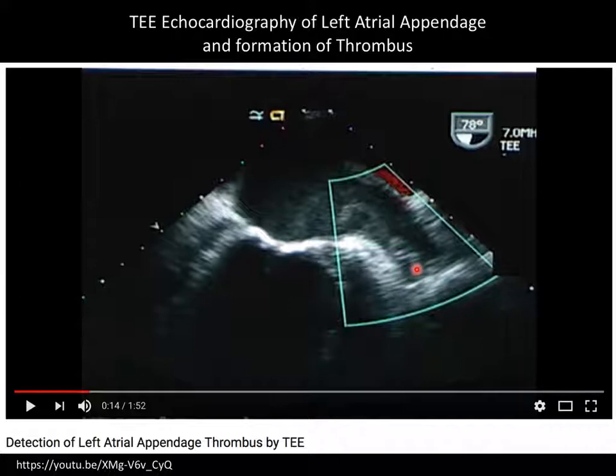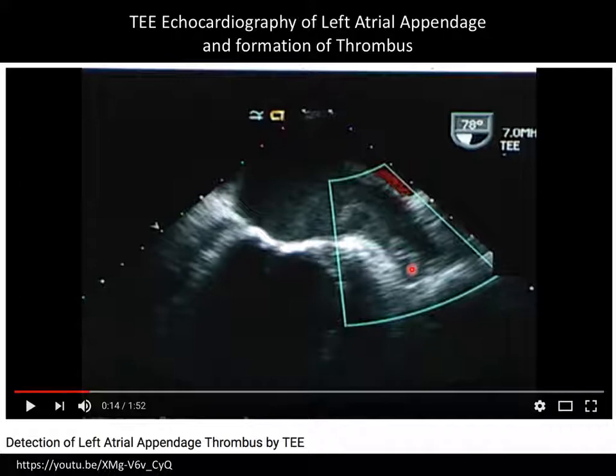It's a high reflection of some object that is sitting inside the left atrial appendage. That is a clot or a thrombus, right? So you can directly visualize those. And echocardiography is used all the time before somebody undergoes defibrillation for atrial fibrillation.